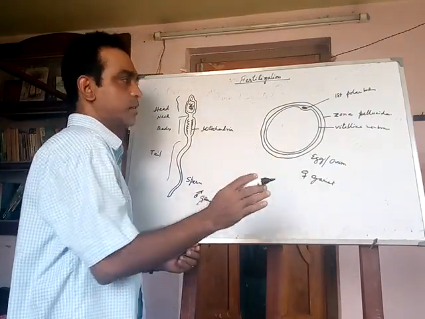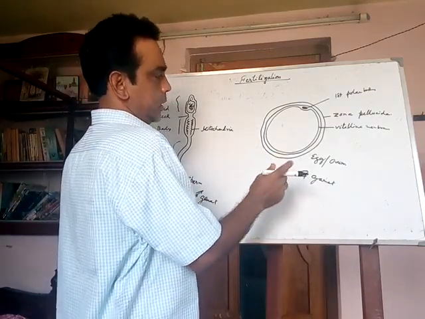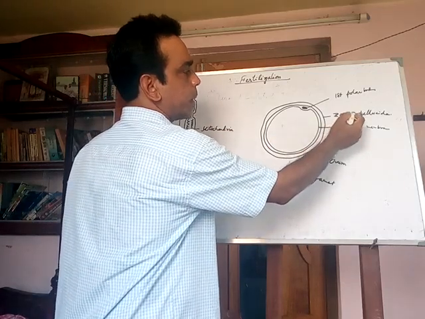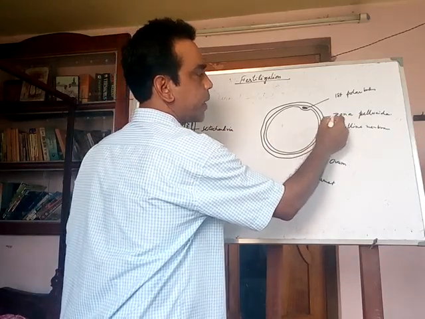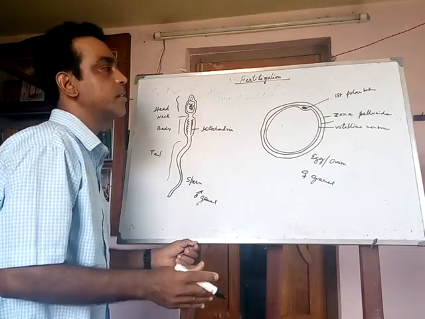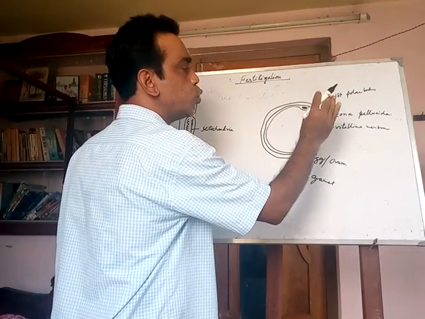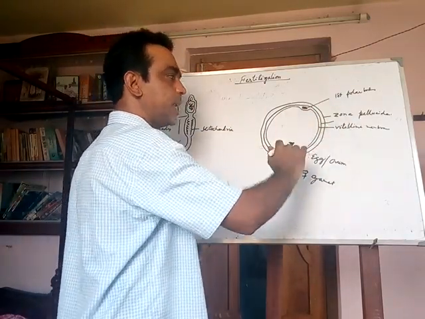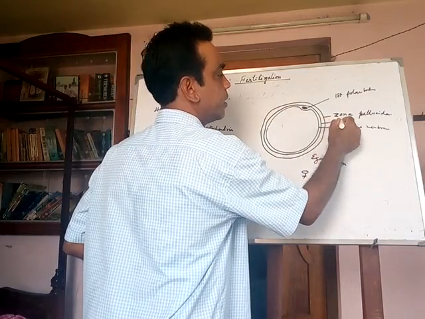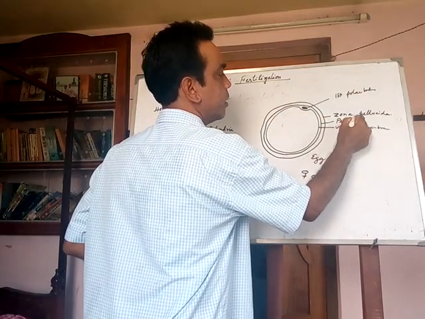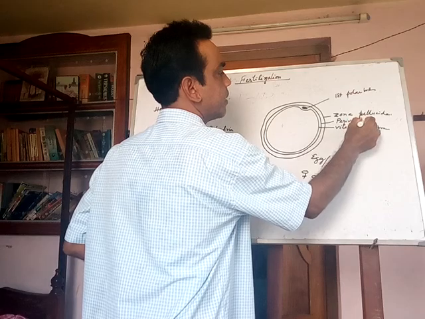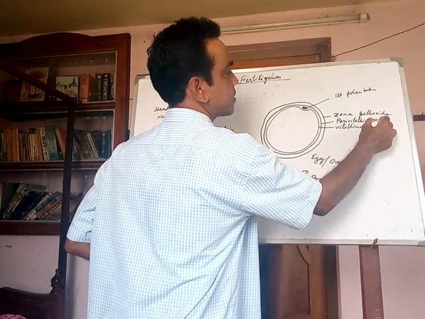Now, I discuss here. In between the zona pellucida and the vitelline membrane, there is some space. The space found between these two separate zones, the zona pellucida and the vitelline membrane, is called the perivitelline space.